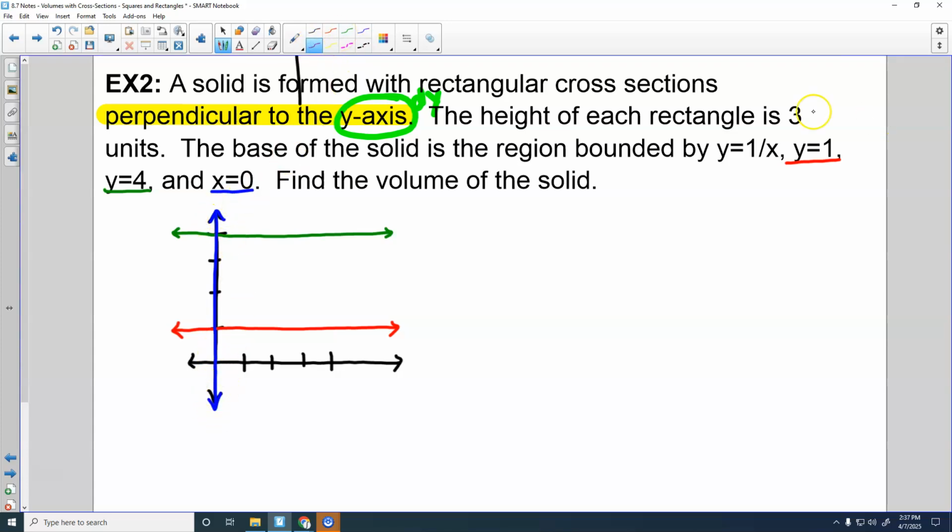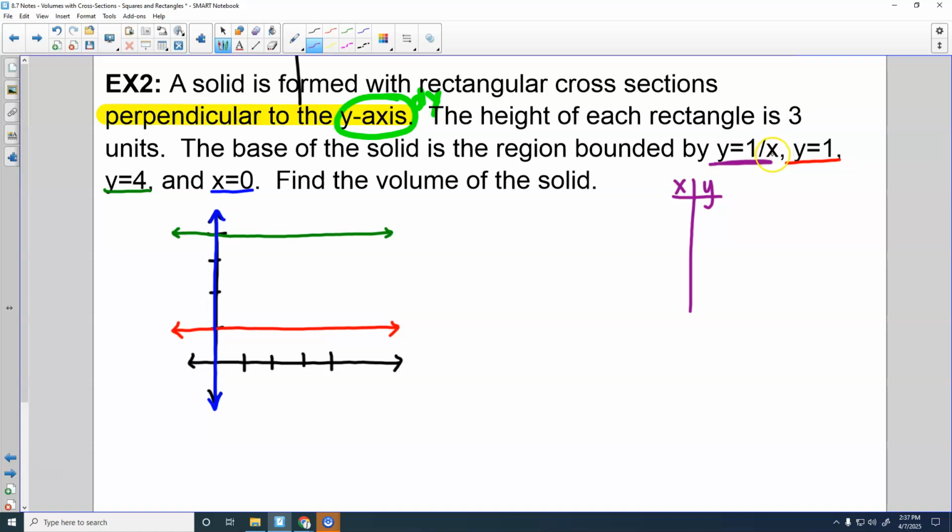And then the one that matters the most for you, this y equals 1 over x. If you're unsure, you can just make a table for it. So if we've got y equals 1 over x, if we plug in 0, we won't get anything, right?